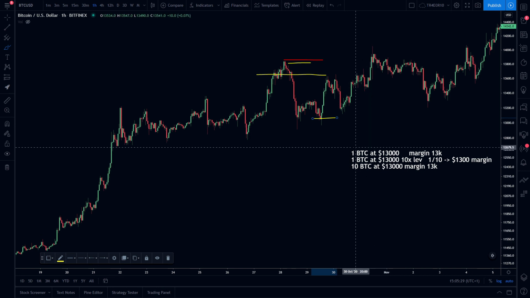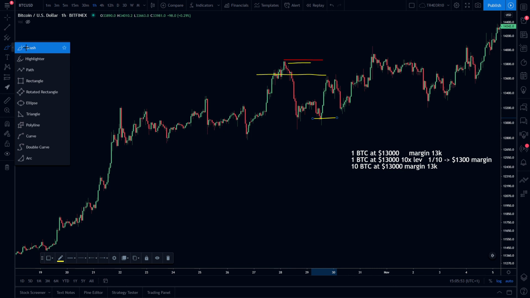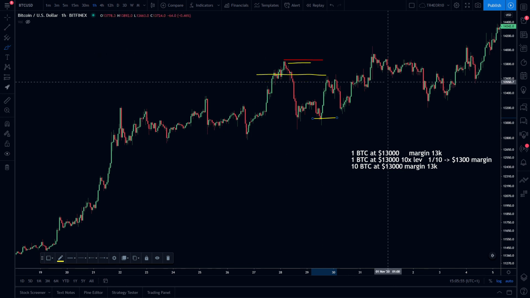At spot, they were able to do a 1 BTC order, but with leverage, they were able to do a 10 BTC order. So now they are making so much more money if the trade is working out. But the thing is, those people will usually not buy at a good spot, and they will get liquidated, and they will lose all the margin, and they end up in the statistics.